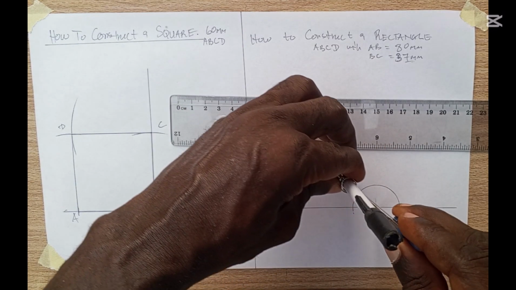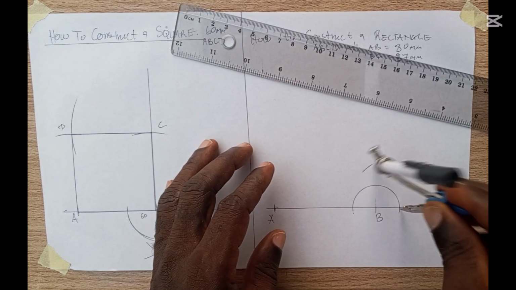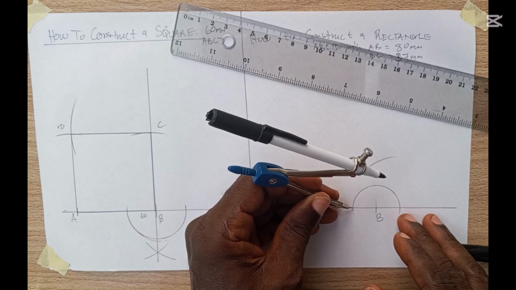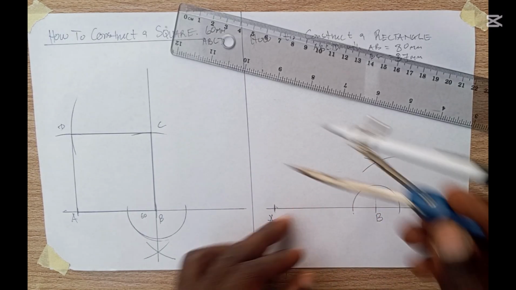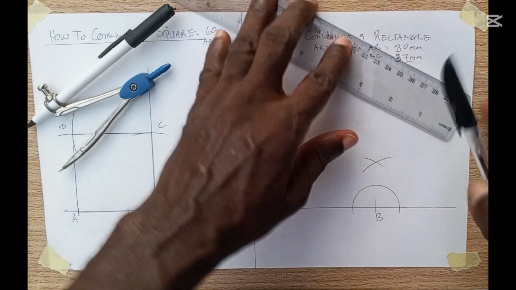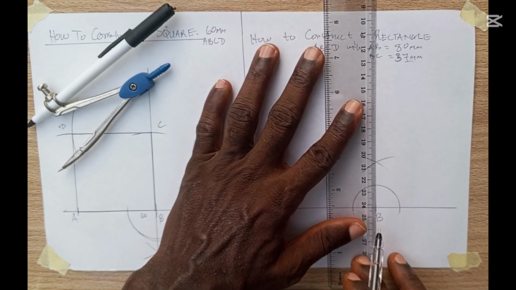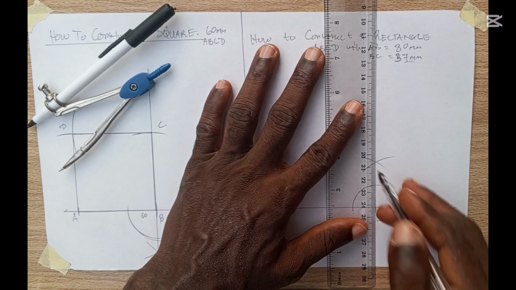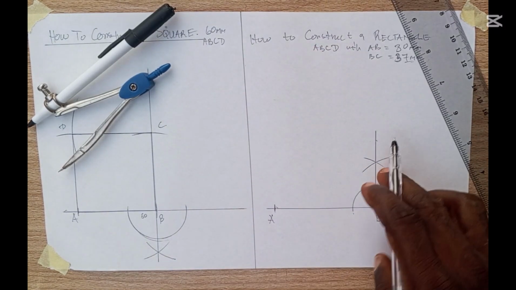I extend the radius, put it here, cut there, put it this way, and cut here, and I choose my B and the intersection like this. Are you watching me? And there I go. That's my 90 degrees now.